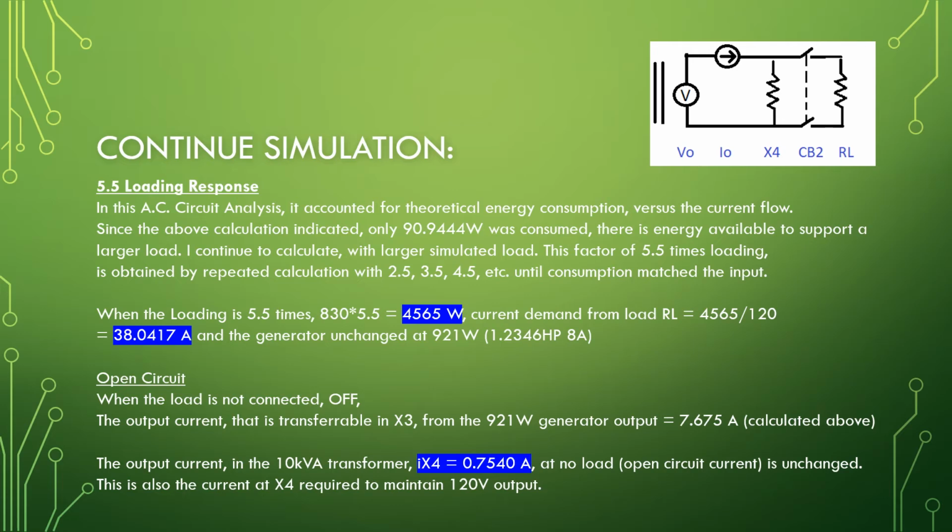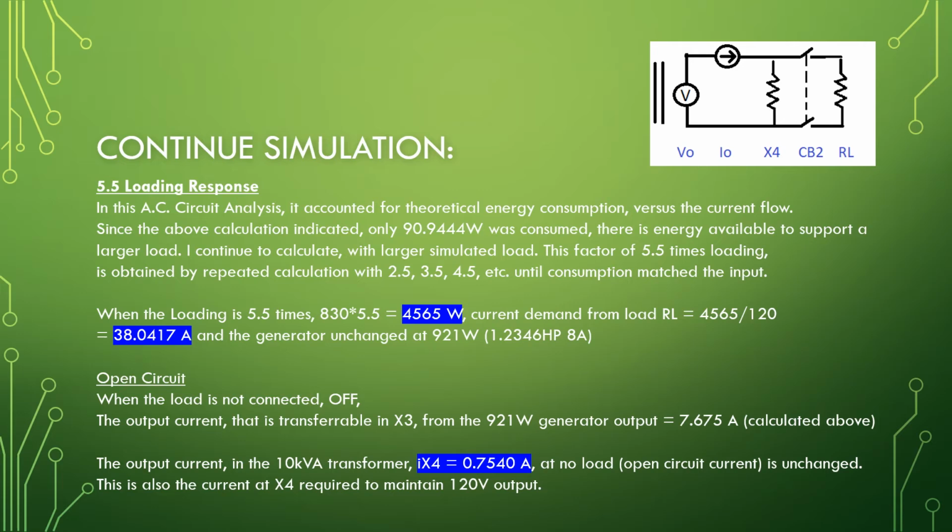I continue to calculate with larger simulated load. This factor of 5.5 times loading is obtained by repeat calculation with 2.5, 3.5, 4.5, etc. until the consumption matches the input.